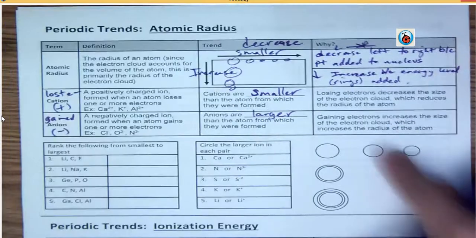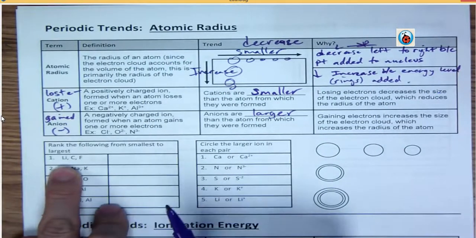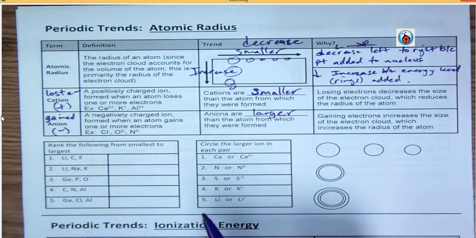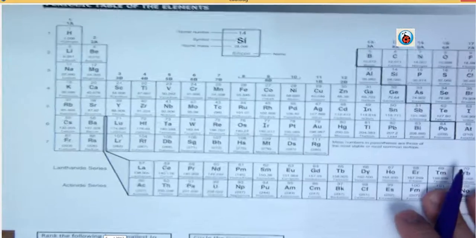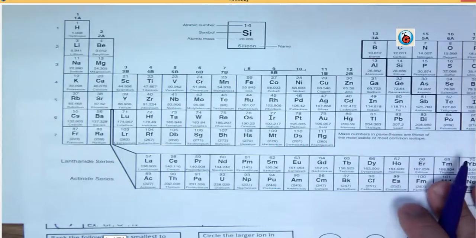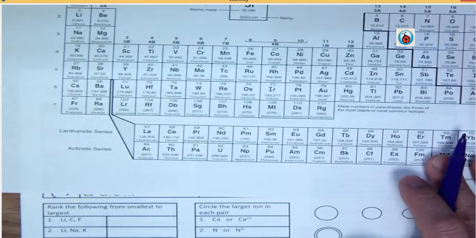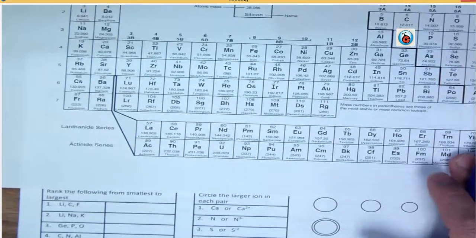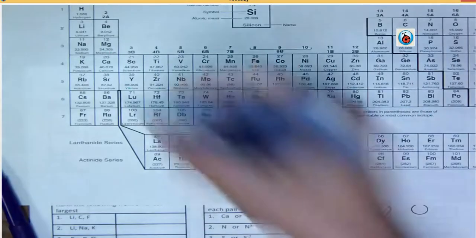So there's reasoning there. Rank the following from largest to smallest. Now you will need a periodic table for this. Here's a nice handy dandy periodic table. We look at three elements: lithium, carbon, and fluorine. Lithium is right here.